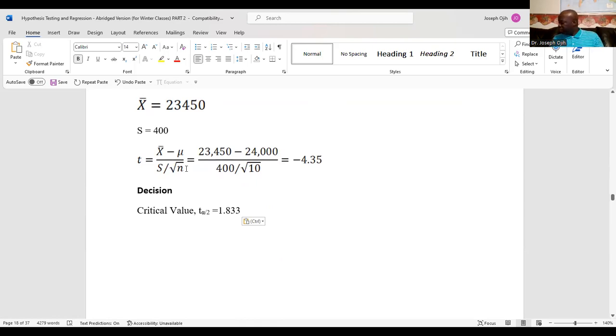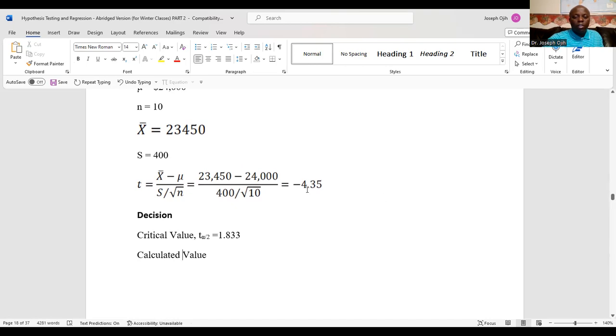Our calculated t value equals negative 4.35.